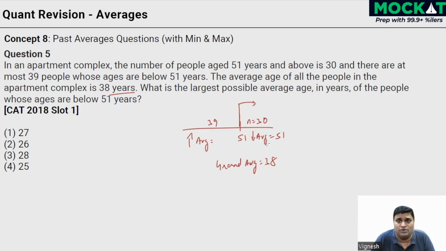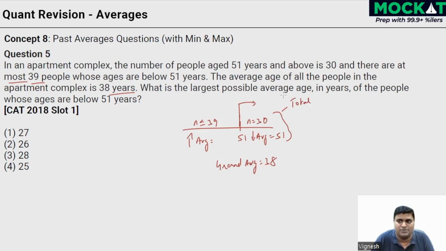Another thing to be noted over here is there are at most 39 people. Maximum over here is 39. So n is less than or equal to 39. You don't have exactly 39, you have a maximum of 39. So first step, what I would want to do is find the total age over here for this group who are 51 or more, right?